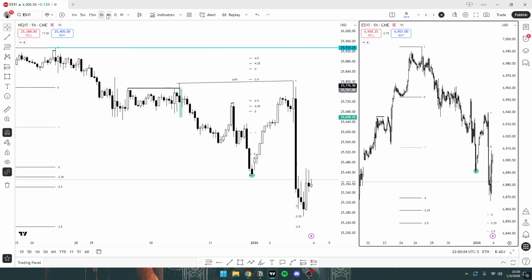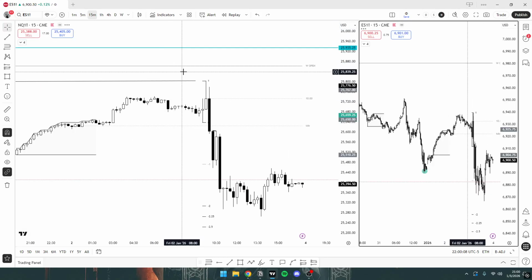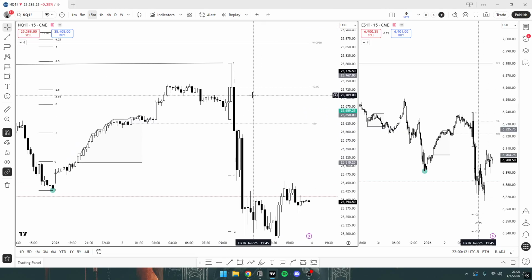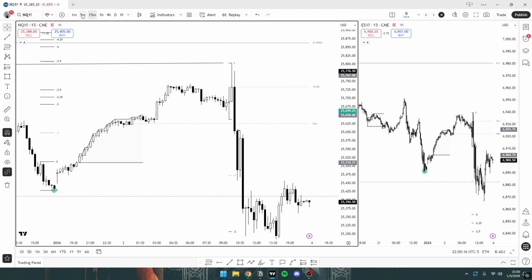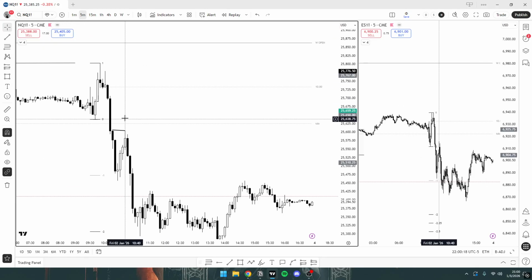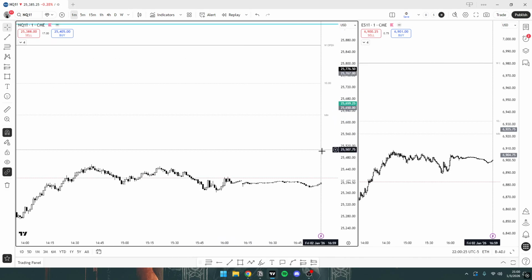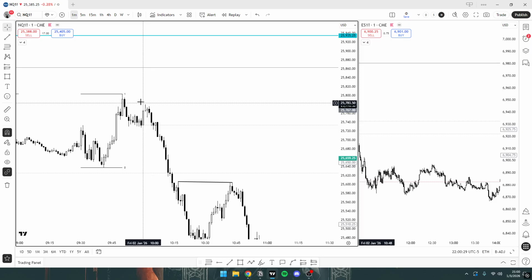The only really real PD array right here is this sweep, that 4-hour high. Then we could just go lower. On the 5 minute, I would probably just use a 5 minute breaker. But as I saw just then, it didn't get hit, and that kind of sucks.